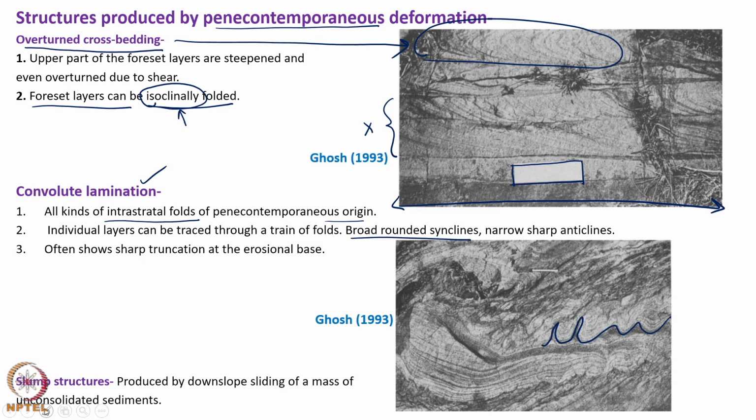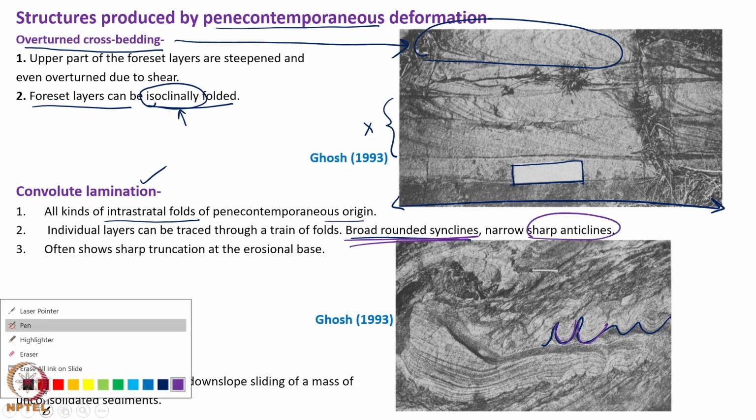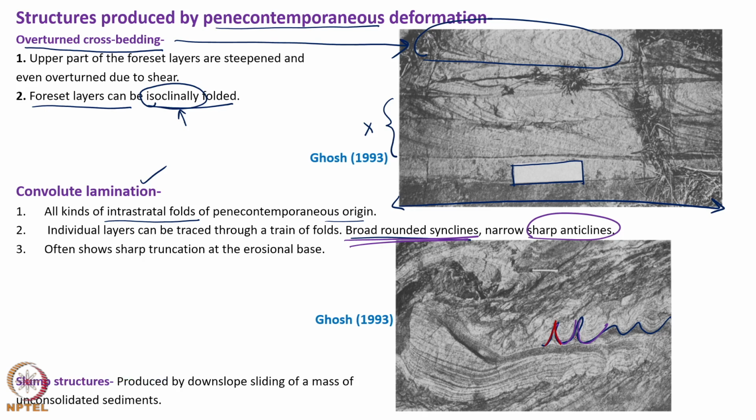You can see these two portions clearly indicate that they are broad rounded synclines, and then there are sharp antiforms, these are the sharp antiforms. Often shows sharp truncation at the erosional plane. For example, these folds got terminated over there. So, a truncation is visible.